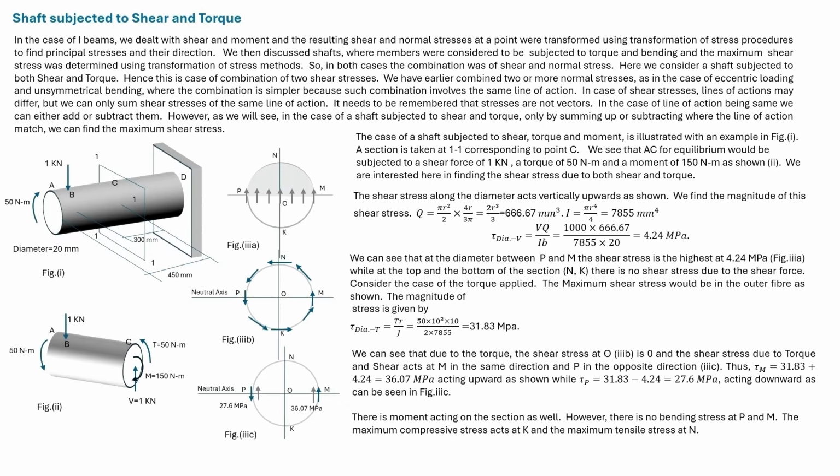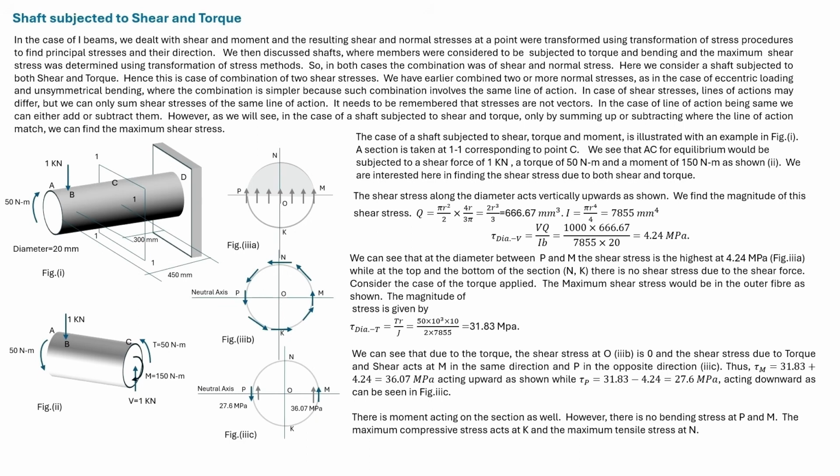Till now, in this session, we have dealt with an I-beam where the maximum principal stress was not at the outer fiber. We found out the normal stress and the shear stress at an interior point and used transformation of stresses to find out the value of the maximum principal stress.